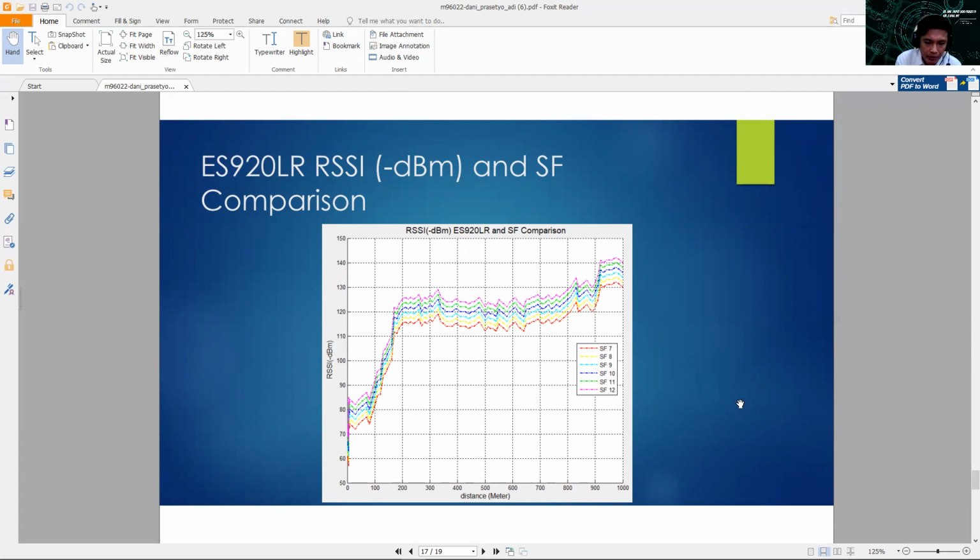For example, at 1 kilometer, on splitting factor 12 this is around minus 140 dBm, but on splitting factor 7, around minus 130 dBm. So the difference is around 10 dBm between splitting factors. A higher splitting factor increases the attenuation.